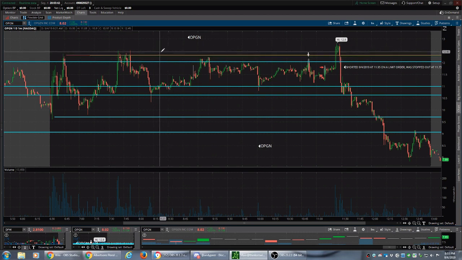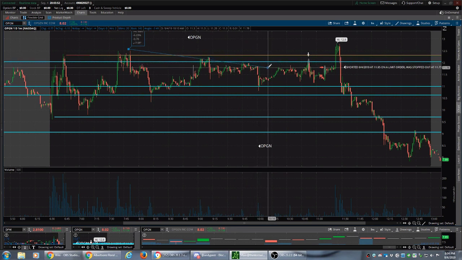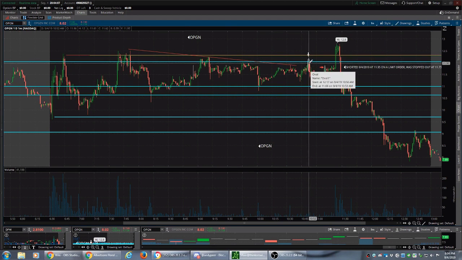And I thought, okay, what I was looking at is this is making lower highs. So if I draw from here, coming down like this, it's making lower highs. We can see right here, 1, 2, 3, 4.